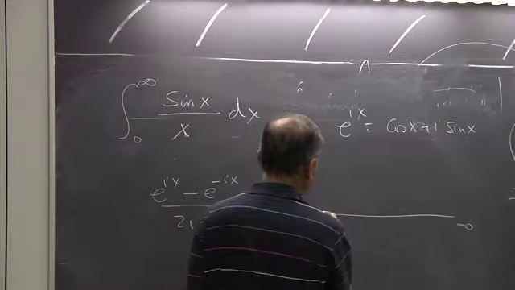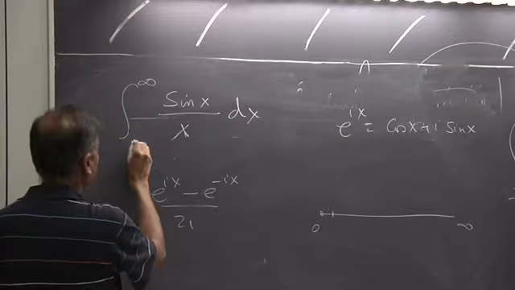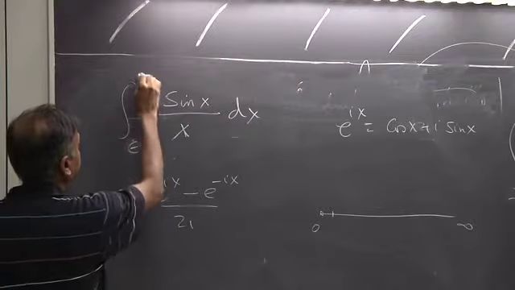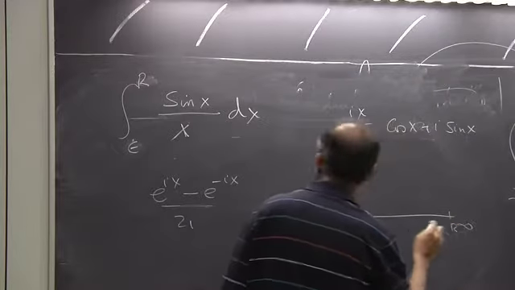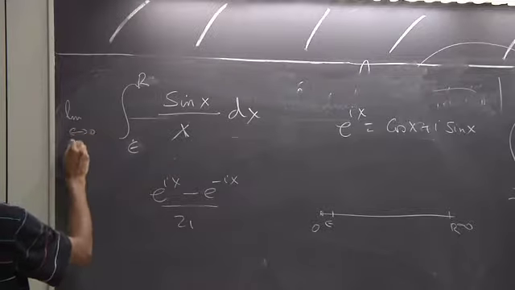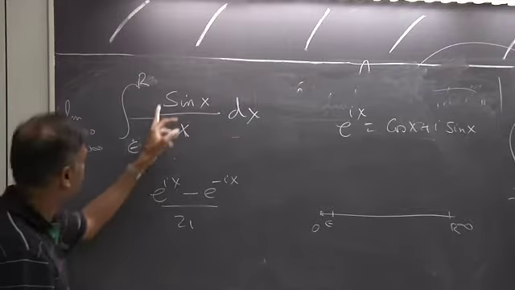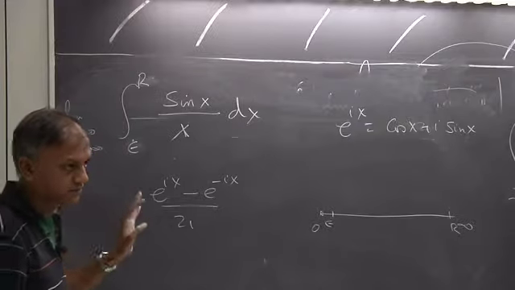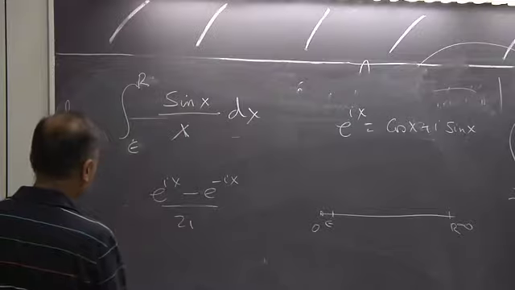So as a trick, we will integrate from some small epsilon to capital R, and then after doing this integral we take the limit as epsilon goes to 0 and R goes to infinity. There is no problem with this, because we know that at x equal to 0 there is no singularity, so this limit is well defined. Now substitute this here, and there will be two terms.